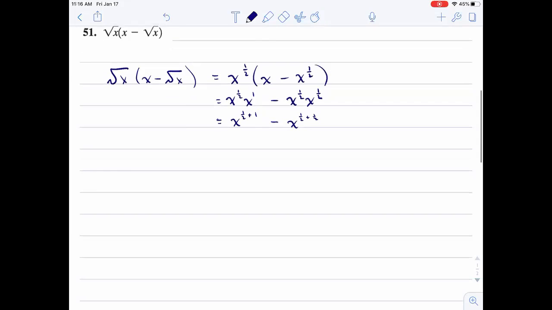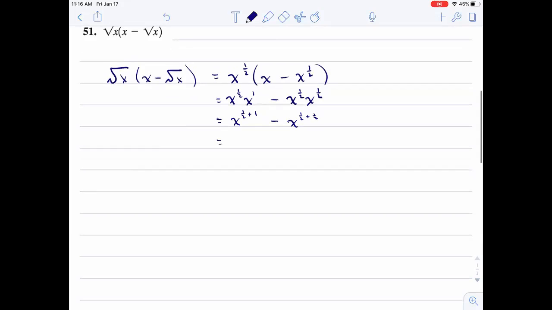Okay. So now I'm adding fractions, remembering that I have to have a common denominator to add these fractions, right? And so 1/2 plus 1, I'm going to have to rewrite the 1 as 2 over 2, so that they're both over 2.